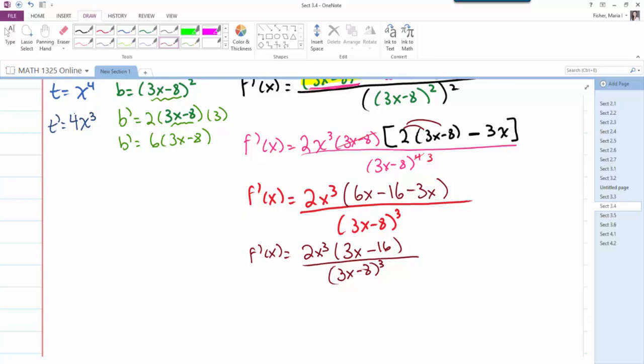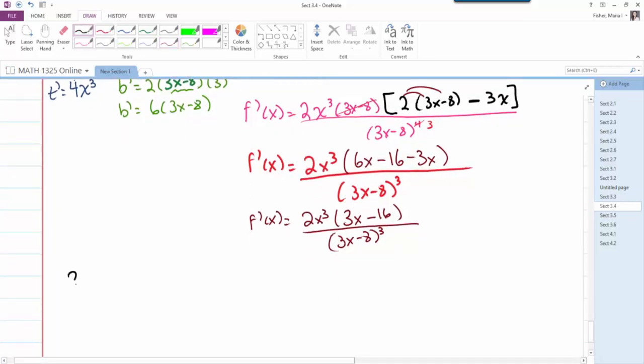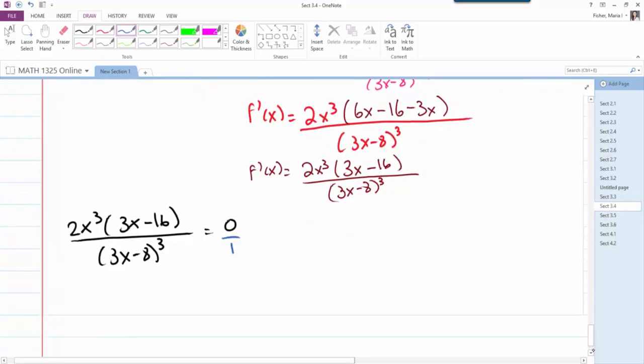So now what we want to do is set this thing equal to 0 and solve for x. So I'm going to say 2x cubed times 3x minus 16 all over 3x minus 8 cubed is equal to 0, and I want to solve it for x. Well, I can put my 0 over 1 and cross multiply.